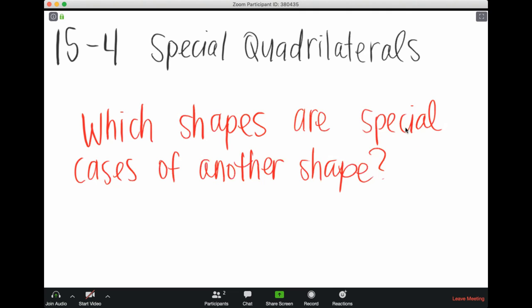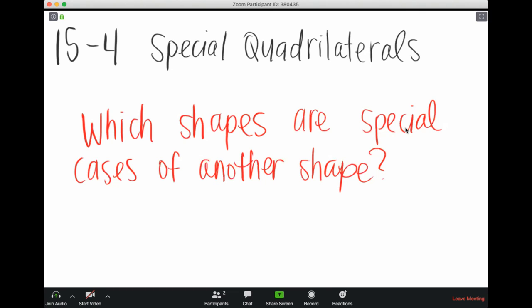So go ahead and pause if you need to get your workbooks or open up your assignment from Google Classroom so you can go over answers. Alrighty, so for the reteaching page, number 1 is a rectangle. If you notice the properties and dimensions of that shape, it has opposite sides parallel.